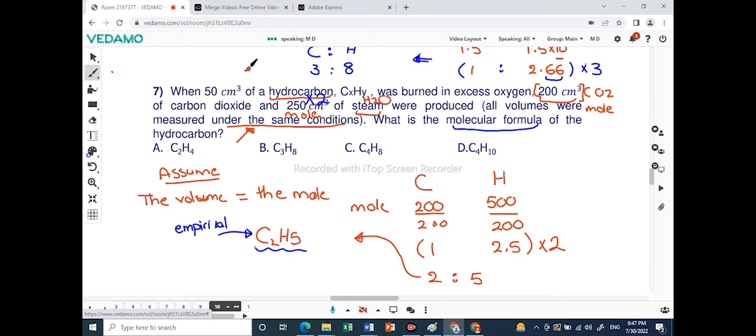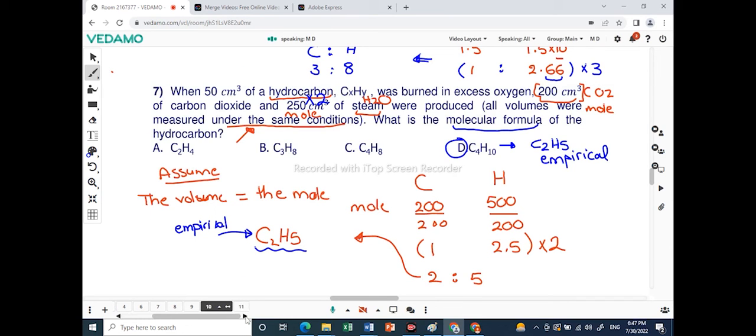So I'm going to look for one of the multiples of the empirical formula, or for the formula into which its empirical is equal to C2H5, and it is C4H10. Since if you want to write the empirical formula of this compound, it will be C2H5. So this is my empirical formula. And the answer would be D.